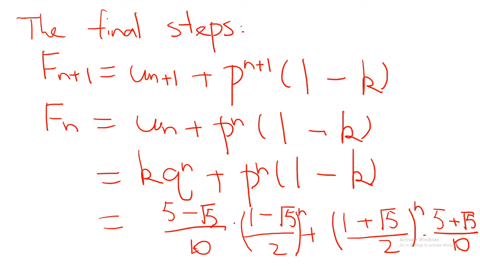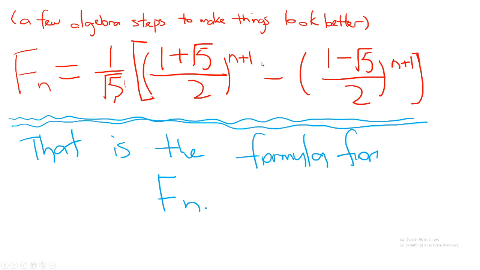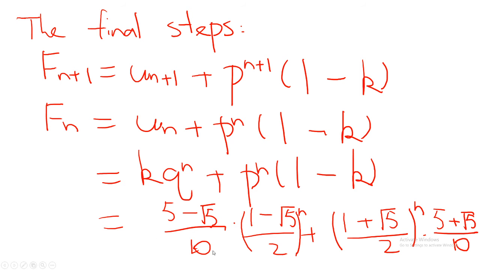And because we apply the un formula here, that is equivalent to k times Q to the nth power plus P to the nth power times 1 minus k. We can apply the values of k, Q, and P right here. k is (5 minus the square root of 5) over 10, and Q is (1 minus the square root of 5) over 2. P is this. And we can do a bit of algebra.